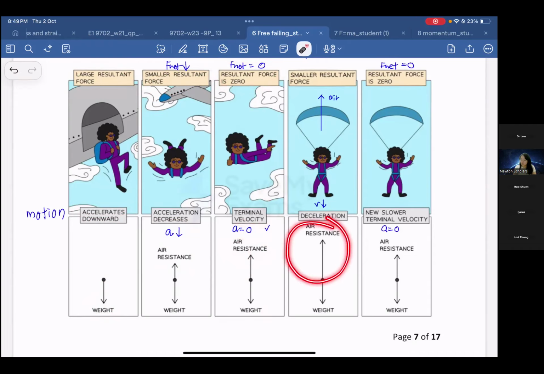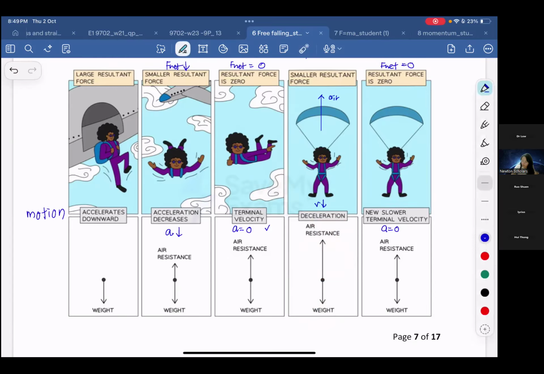Air resistance is very big, suddenly increases because we open the parachute. So the object decelerates. Air resistance is greater than weight, in terms of force, explaining. Decelerate meaning slow down. When slowing down, your air resistance also decreases, until air resistance equals your weight.